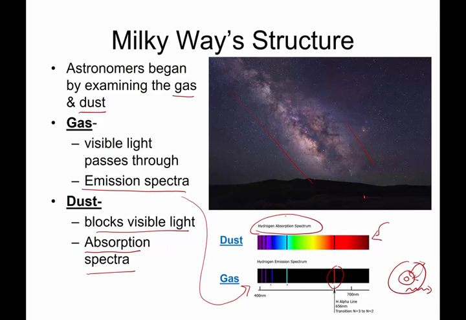It takes light from behind it and sucks up or uses the individual wavelengths depending upon the chemical composition of what is actually in that dust. So when astronomers examine the Milky Way or any galaxy, they are going to be looking at both emission and absorption spectra, because each are going to tell us slightly different pieces of information.